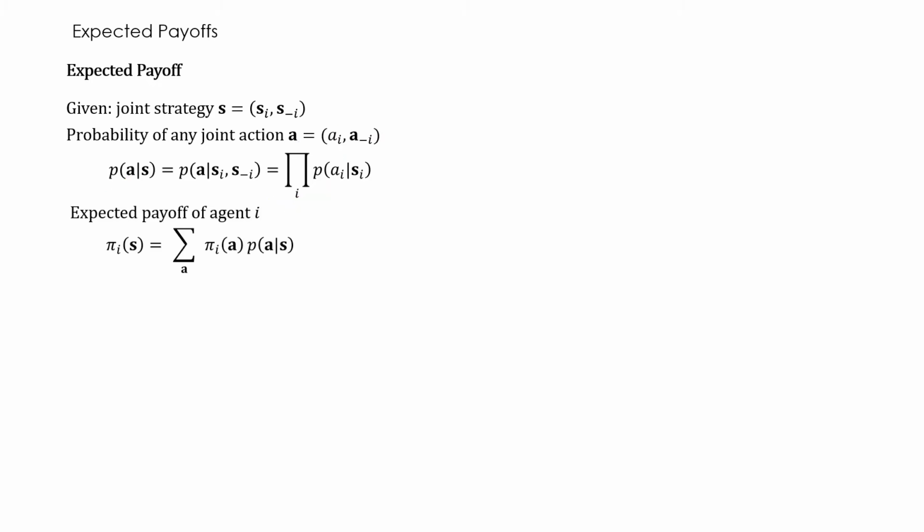The expected payoff of agent i given the joint strategy S is the summation of the payoff of that agent under action A times the probability of action A happening under the joint strategy S. We can express the expected payoff in this manner too.